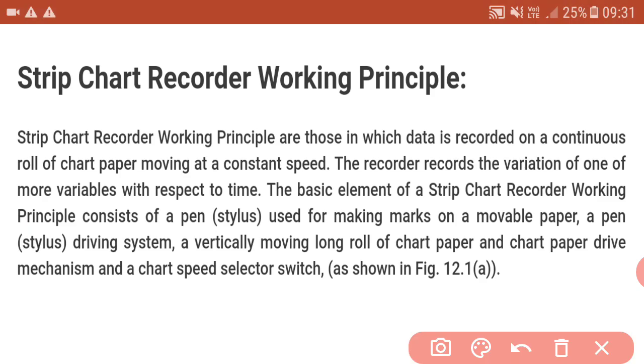Now the working principle of the strip chart recorder. Data is recorded on a continuous roll of chart paper moving at a constant speed, as we have already discussed in the previous slide. The recorder records the variation of one or more variables with respect to time.